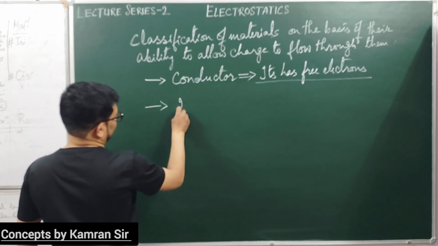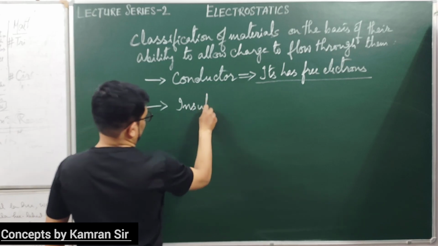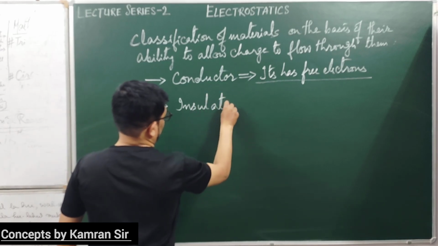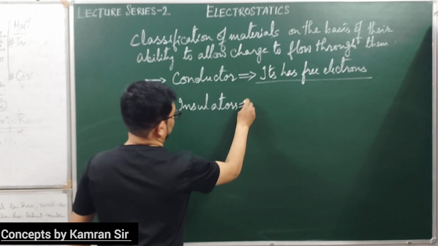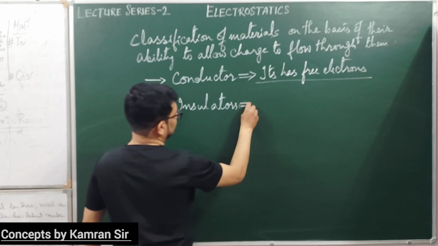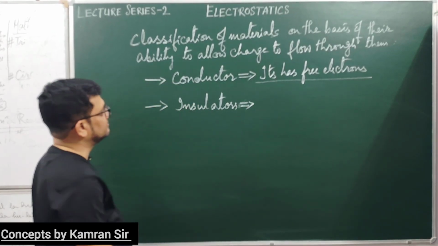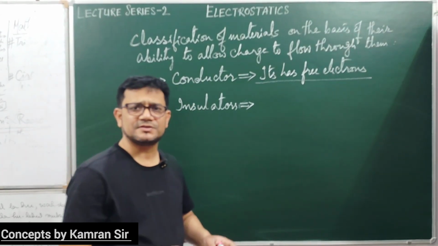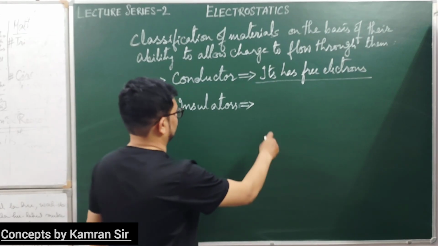Then we have insulators. What are insulators? Insulators are those materials which relatively restrict the flow of electrons.